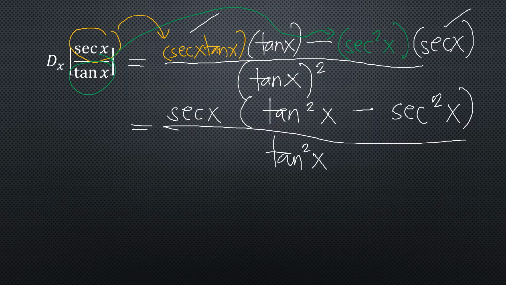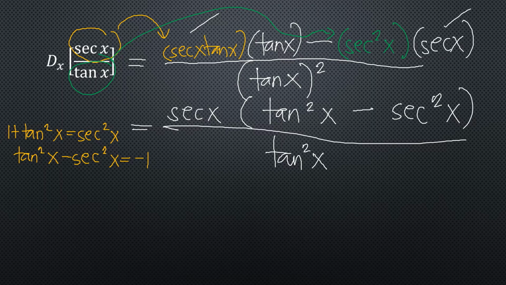Now on this problem, we can observe that we can make use of the identities, which is the Pythagorean identity, that is 1 plus tangent squared x is equal to secant squared x. Therefore, we can say also that tangent squared x, when we subtract secant squared x, the difference is -1.